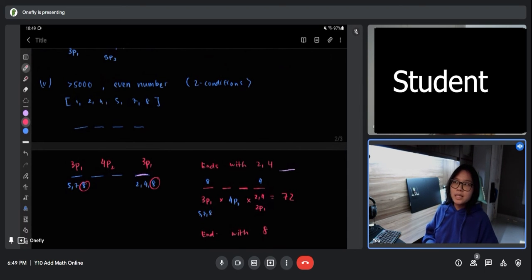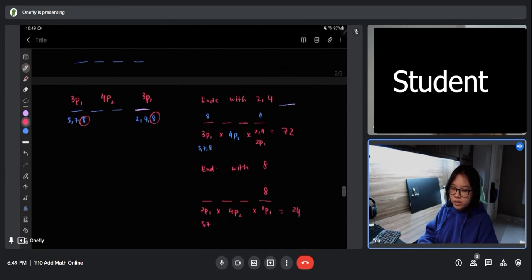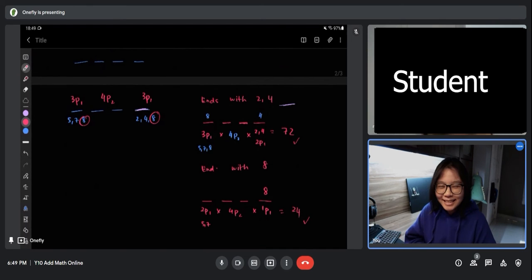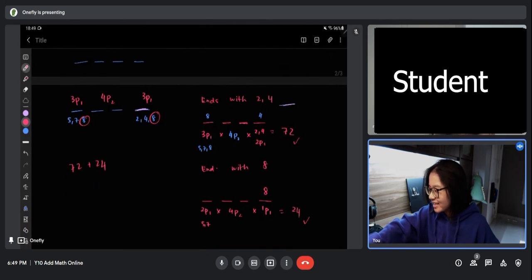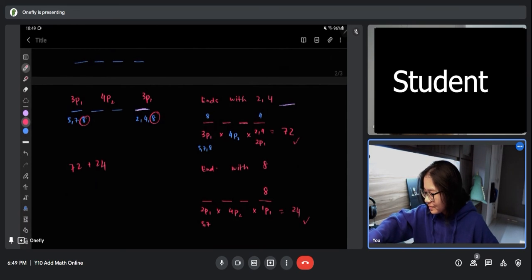So there's technically only one value as the answer, the total possible arrangements. Here I calculate 72, which is ending with 2 and 4. When ending with 8, there's 24 possibilities. Then what's the final answer? I just add them up. Okay, adding them up is correct, but you sound like you guessed that answer. Yeah, 96.